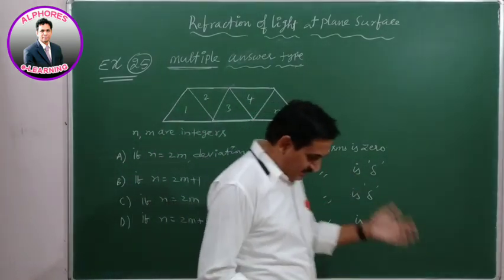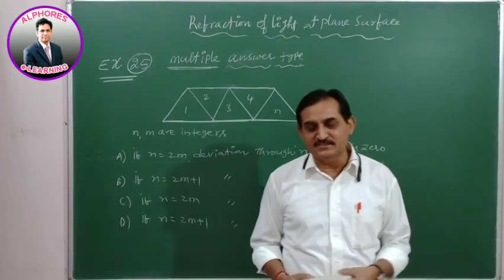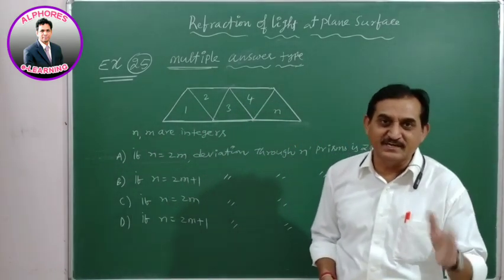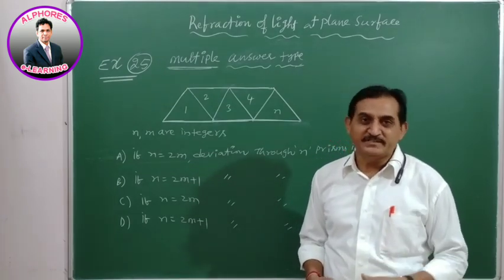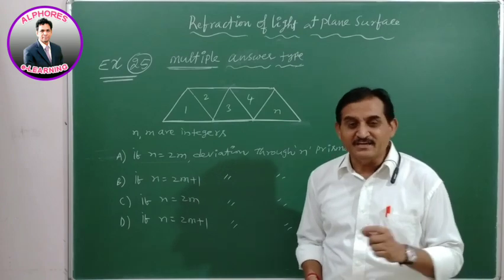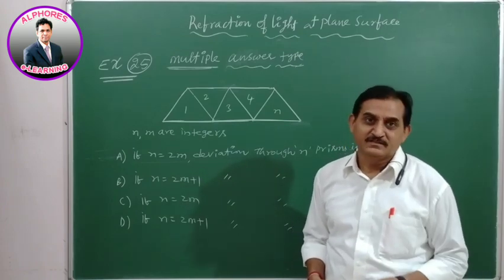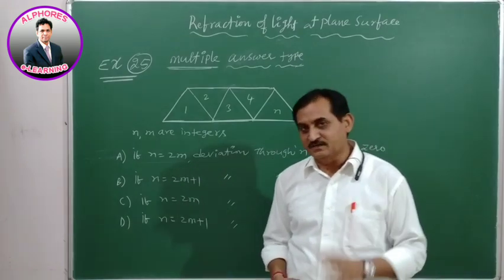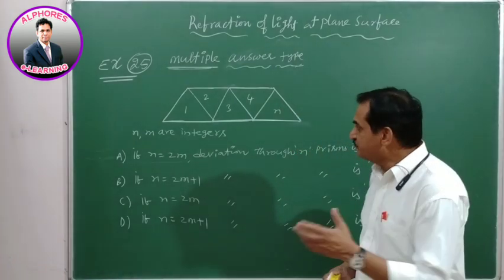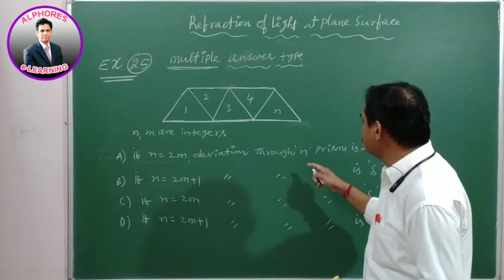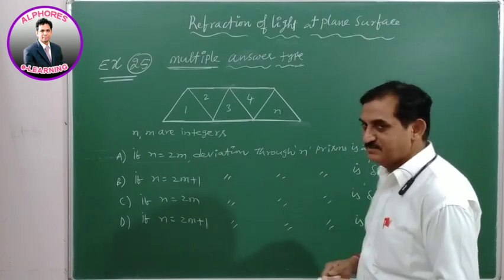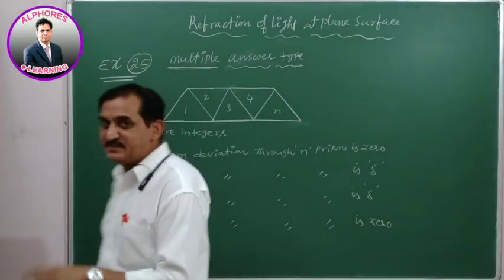Now, whenever a ray is suffering the deviation by a single prism, it is delta. If you consider a single prism through which the ray is suffering the deviation delta, then the options given: if n is equal to 2m, the deviation through the system of n prisms is 0.